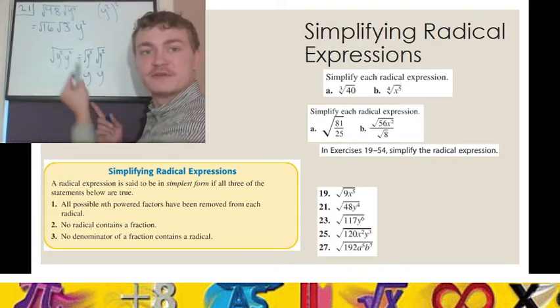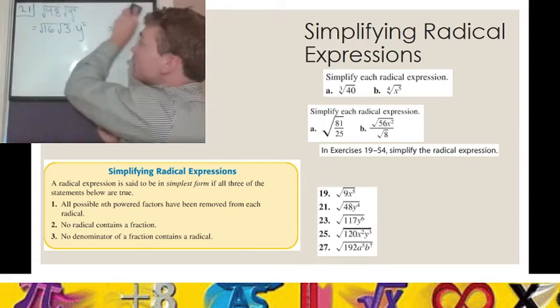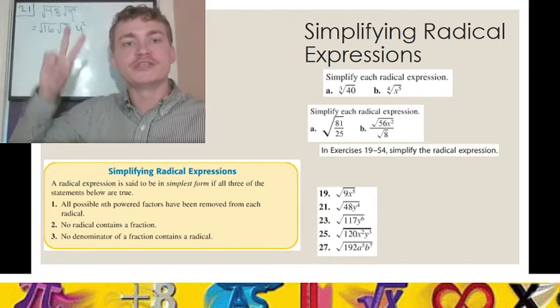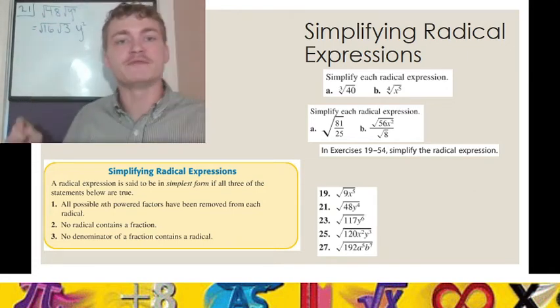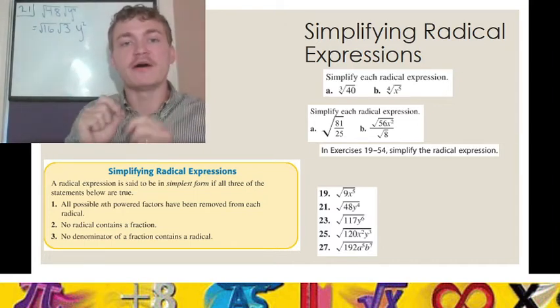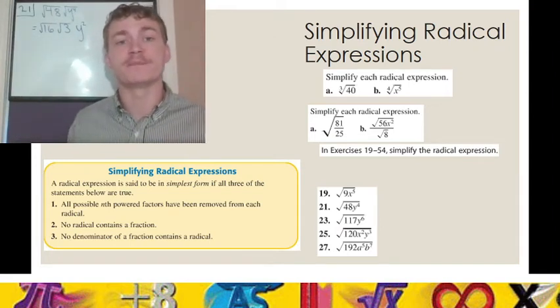If we have 2 factors of y, we have y squared. So think of it like that. Because our root is understood to be a 2 and our exponent is 4, and our exponent divided by the root had no remainder, that means that y to the fourth is in fact a perfect square.